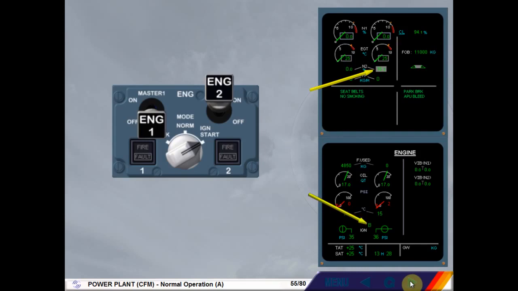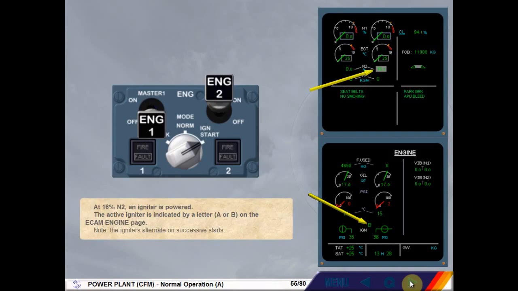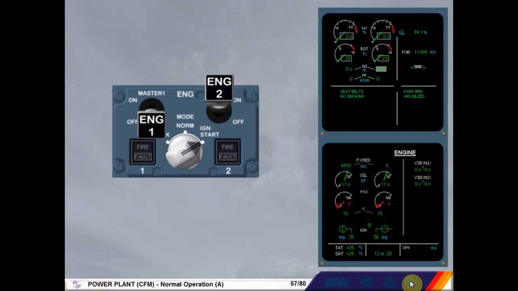The active igniter is indicated by a letter, A or B, on the ECAM engine page. Note, the igniters alternate on successive starts. At 22% N2, the fuel starts to flow. We can see the indication on the engine warning display.